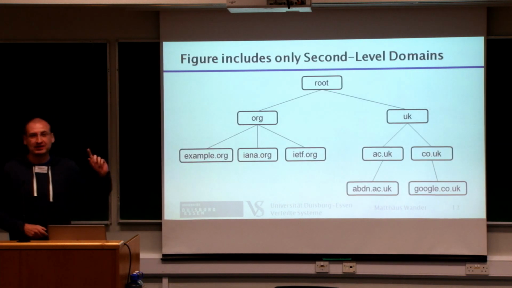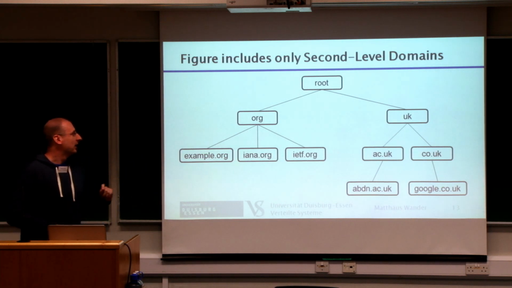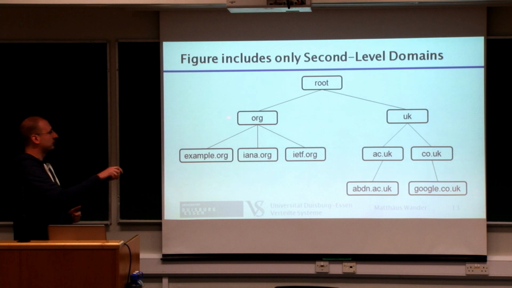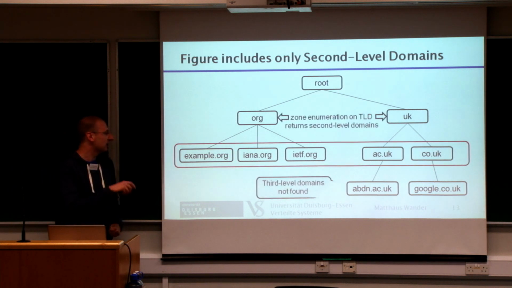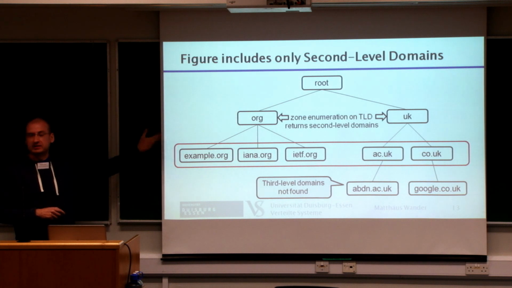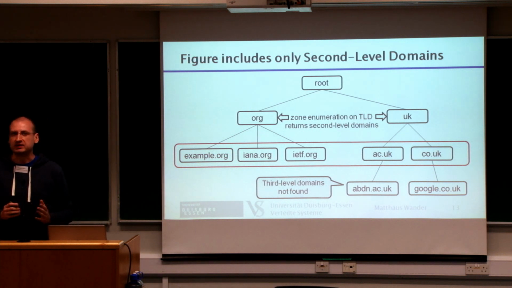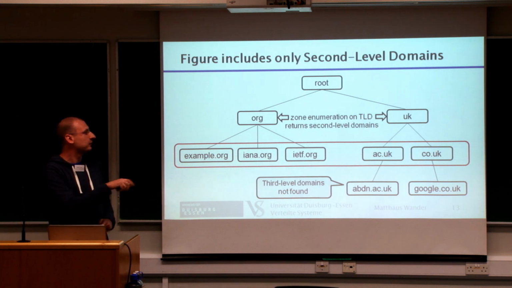One of the limitations is I ran this measurement only over top-level domains. This will be fine, like running it over .org, so we'll get names like example.org, ietf.org, or the hash values of these names. But there are certain top-level domains which are using a 3-level structure, like .uk, for example.